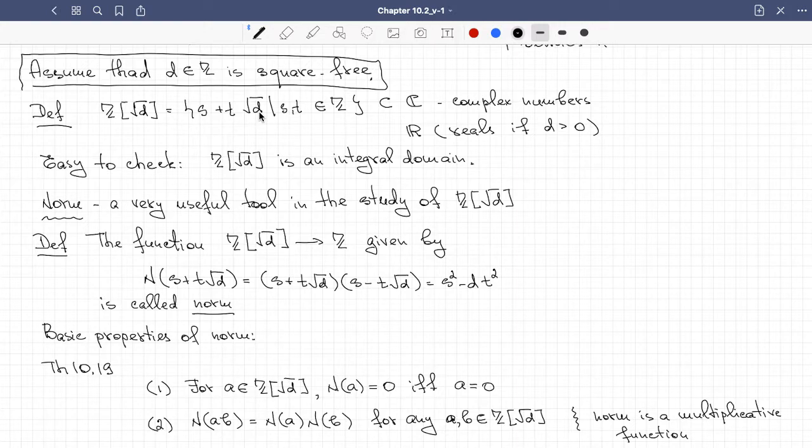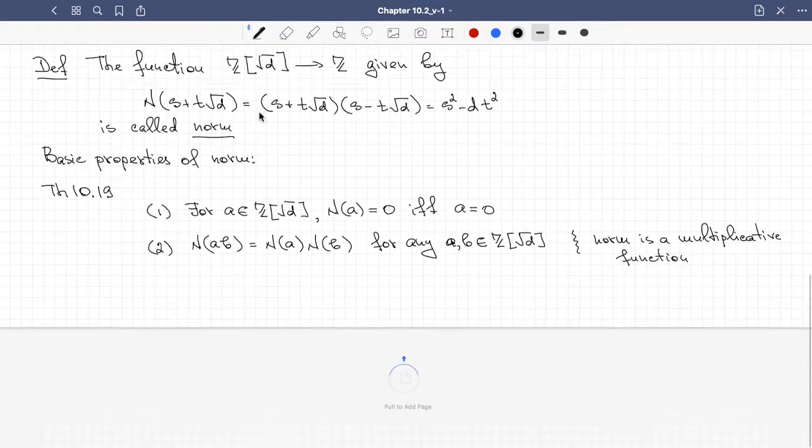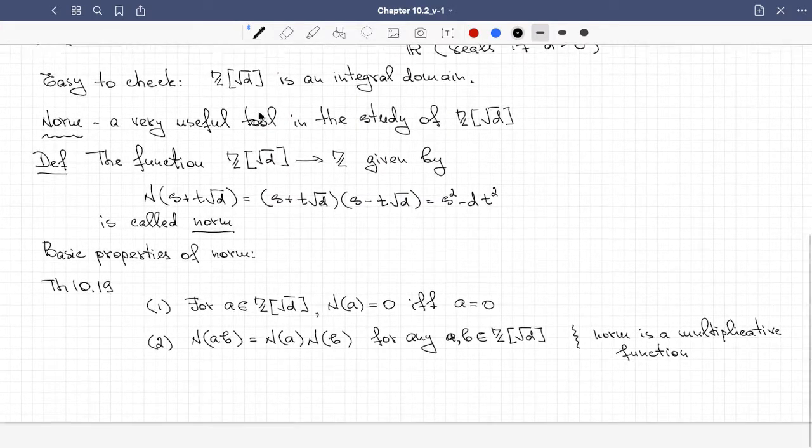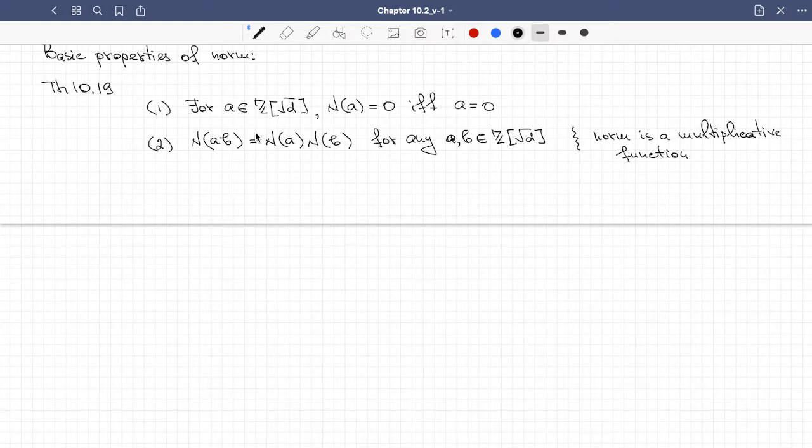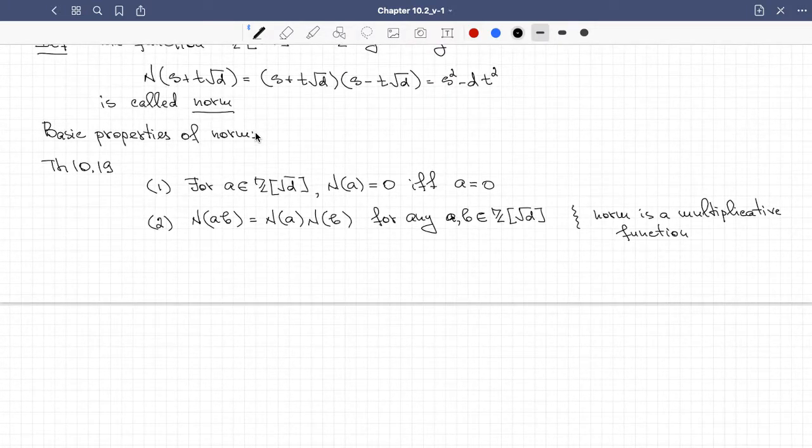We already used norm for Gaussian integers.